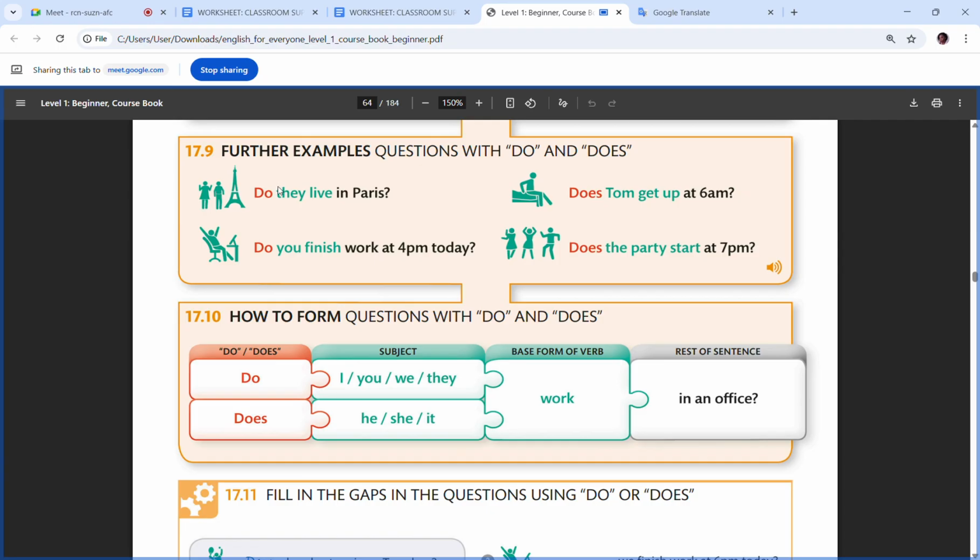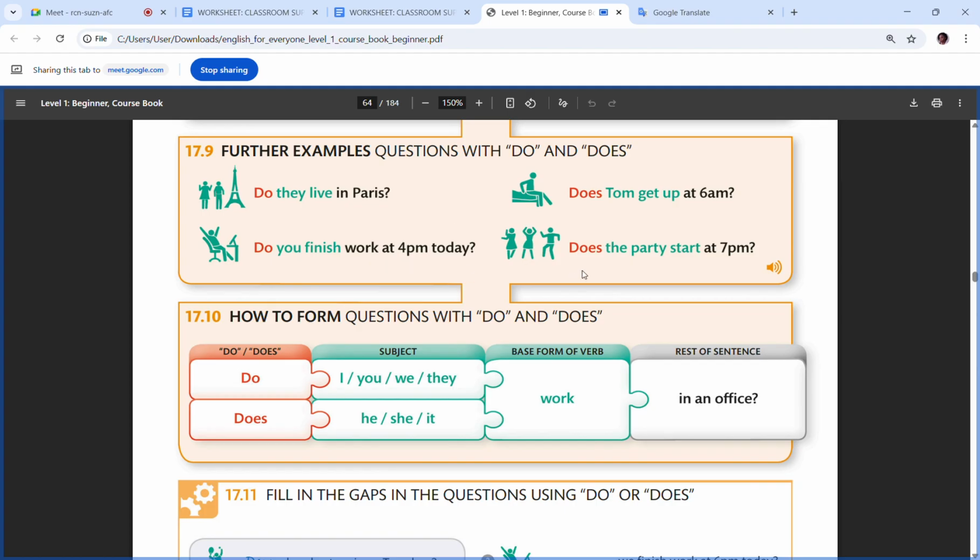Do they live in Paris, right? Does Tom get up at 6 a.m.? Yeah. Do you finish work at 4 p.m. today?